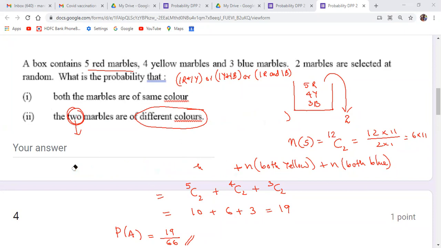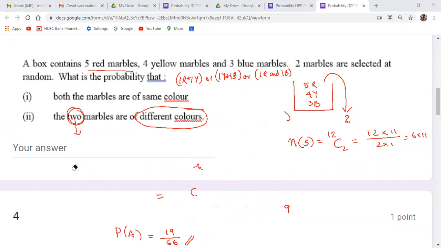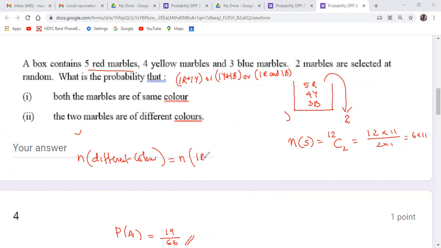But we'll do this method first. So write down. n of different color is n of one red and one yellow. This is one possibility. Next, plus one red and one blue, or one yellow and one blue. Now tell me, red how many ways?